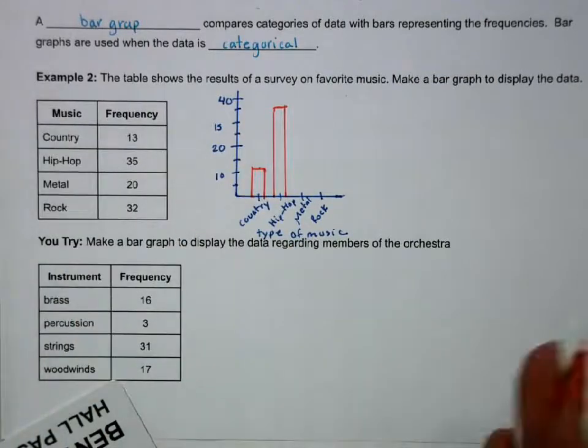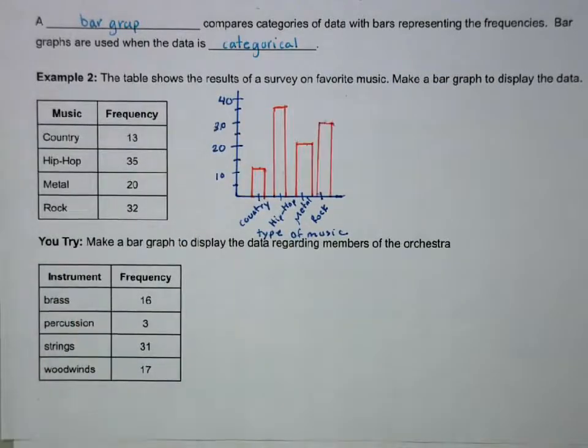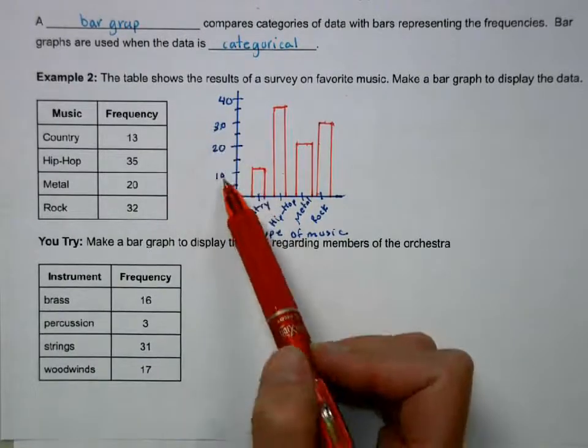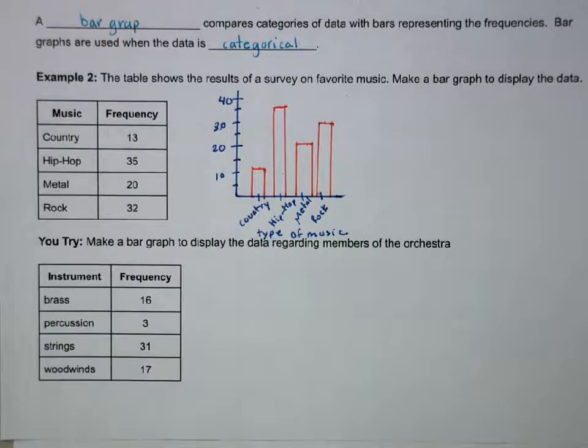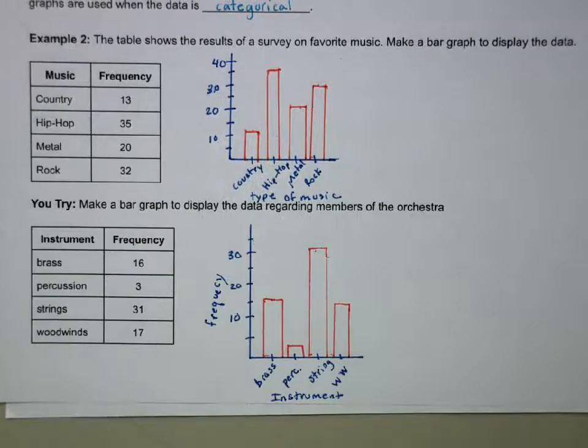Each bar should be distinct. So there's our bar graph. And I realized I'd written the wrong thing here, so 10, 20, 30 is what that should say. All right, so you go ahead and try the next one. So there's our bar graph for the different types of instruments.